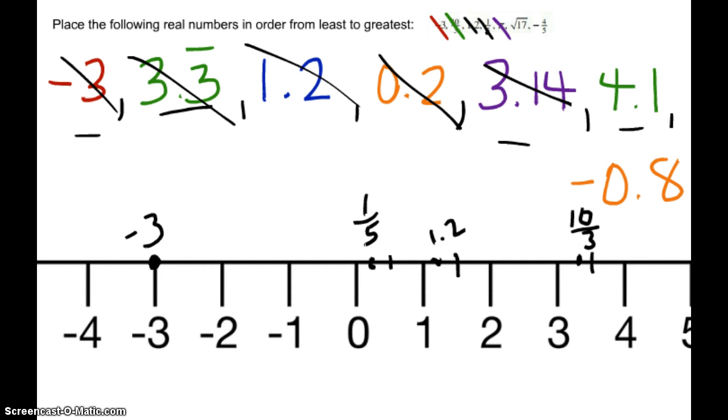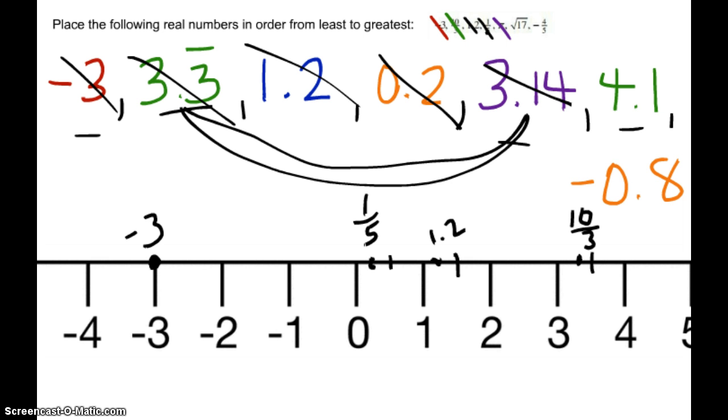Now I'm going to go with pi, 3.14. Okay, so now here's these two values right here are pretty close. So we have 14/100ths and we have 3/10, which can be expressed as 30/100ths, or actually, since it was repeating, let's say it's 33/100ths. So we know that 33/100ths is greater than 14/100ths.